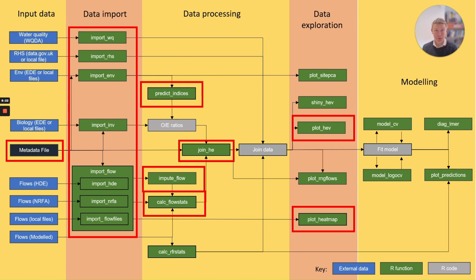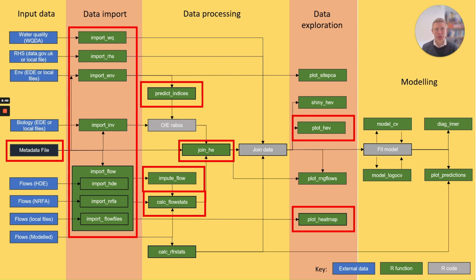This flowchart will look familiar to you if you've already covered workshop 1. It maps out as a workflow all the different functions within the HE toolkit, those are the green boxes, and shows how they link together. So we're basically on a journey here from various different input data sets, shown in blue on the left-hand side.